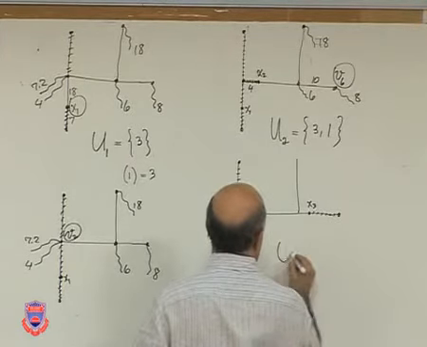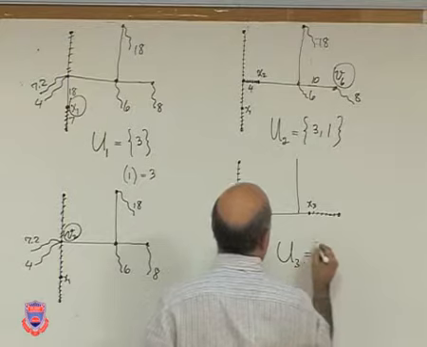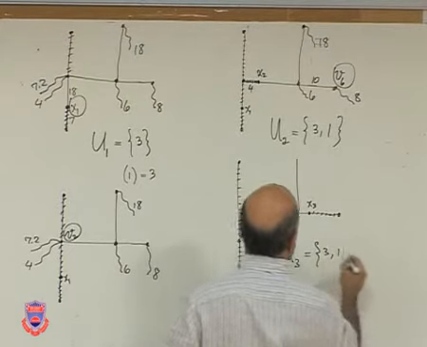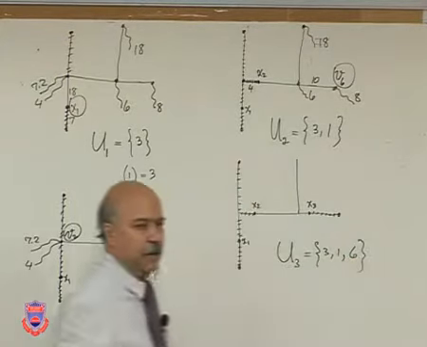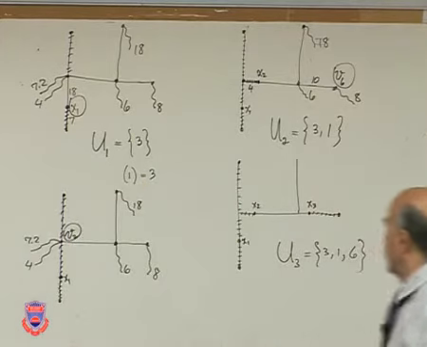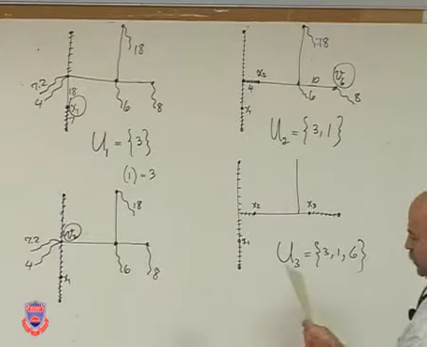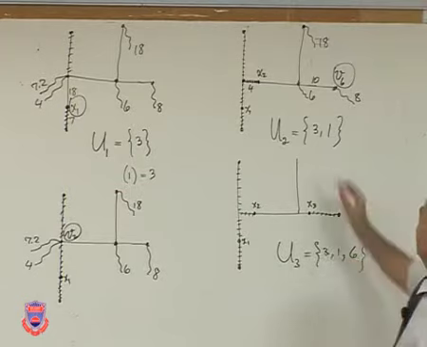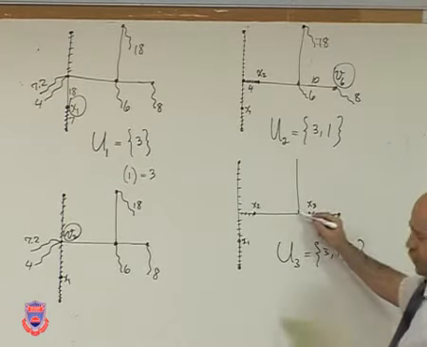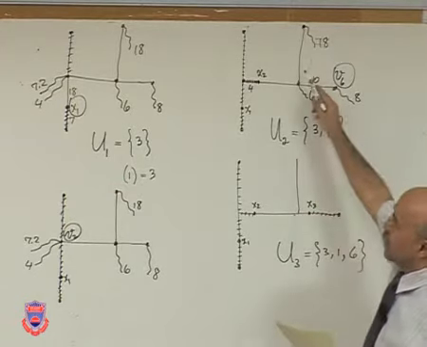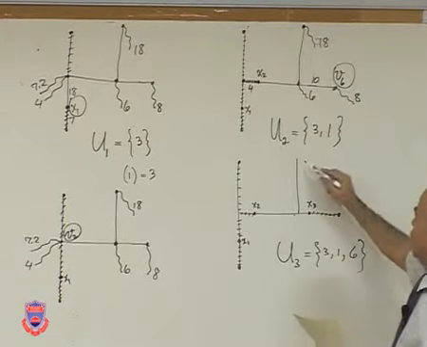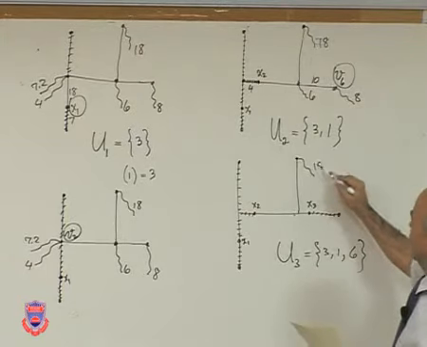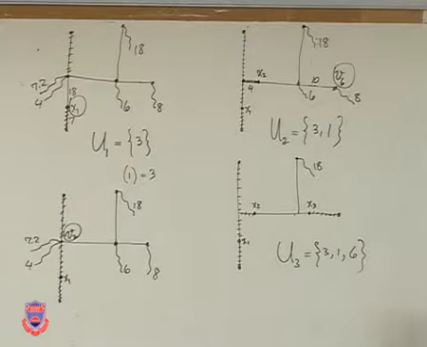And so your U3 set will have 3, 1, and number 6. Does anybody else reach? That 6 reaches, so that one is removed. This one will not reach, so this still stays in the green tree. Okay?